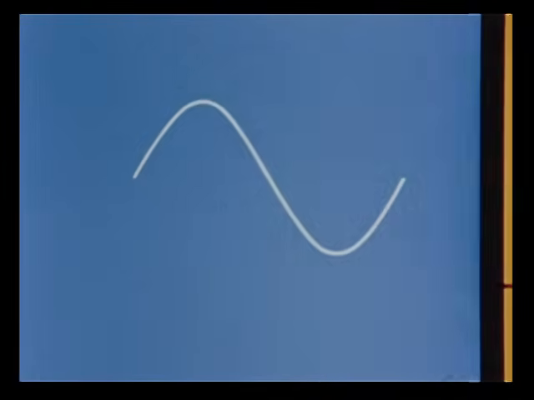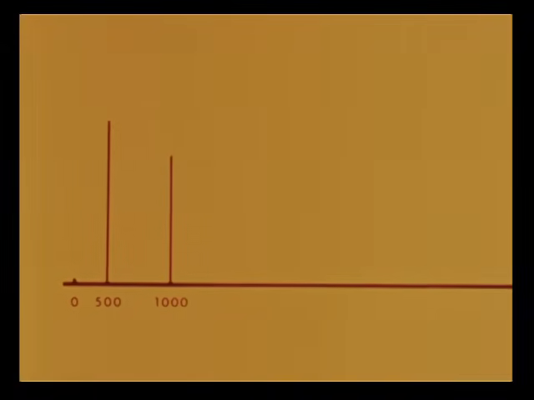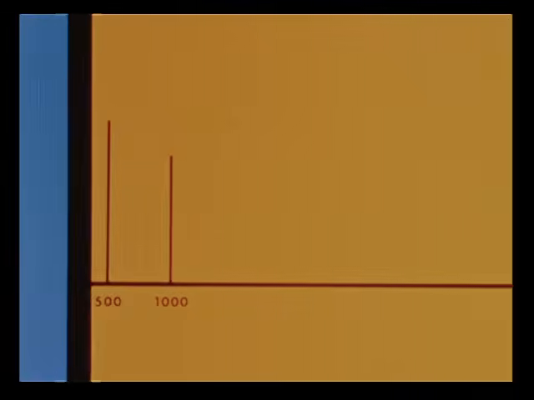This simple 500 cycle tone can be represented mathematically by a sine wave. To this fundamental, we will now add the second harmonic. The change of sound is caused by the modification of the wave shape.